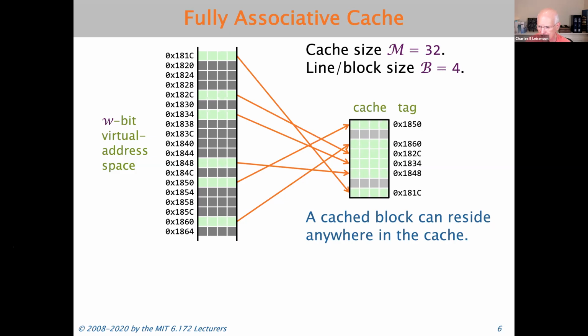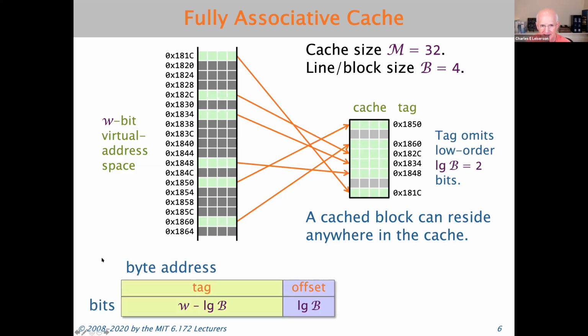Now actually, I lied. That's not quite accurate. I guess we must have an election coming up or something, and that's in the air. So really, the tag doesn't need to store the low-order log B bits.